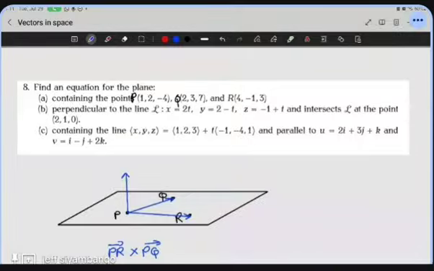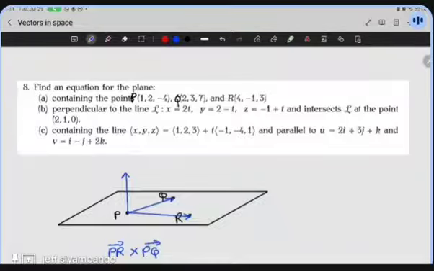In B, now they're saying they want the equation for a plane, and this plane, what do we have here? So this plane is perpendicular to the line.